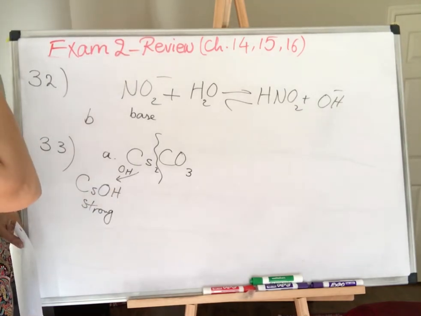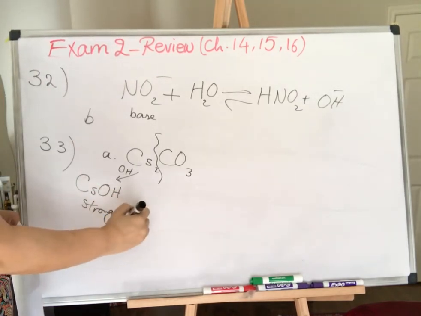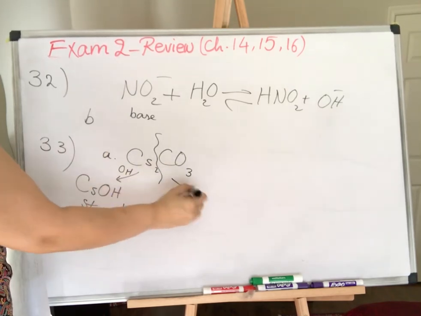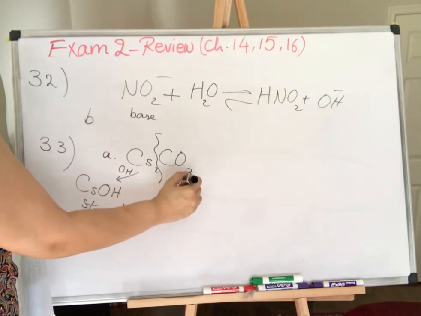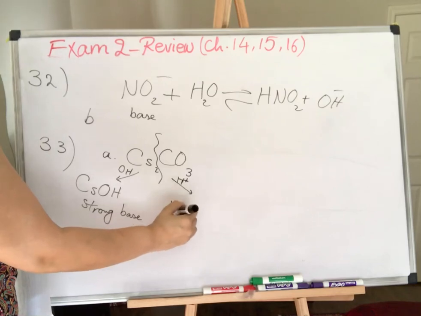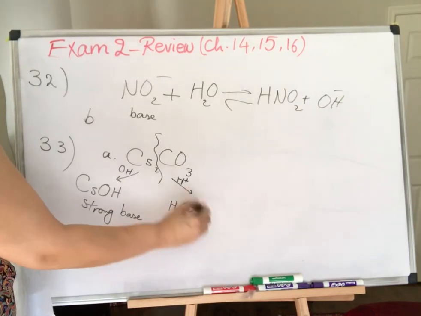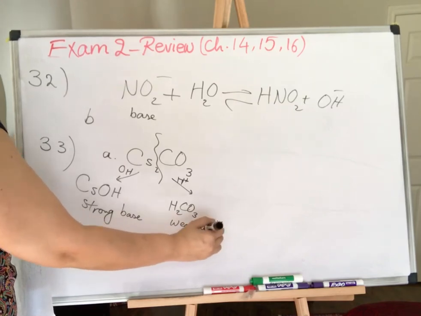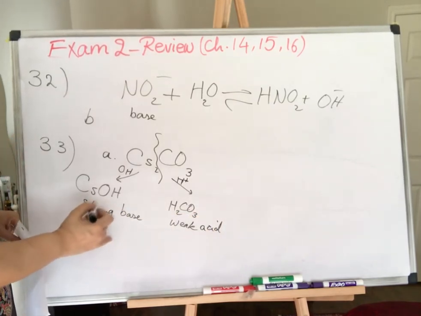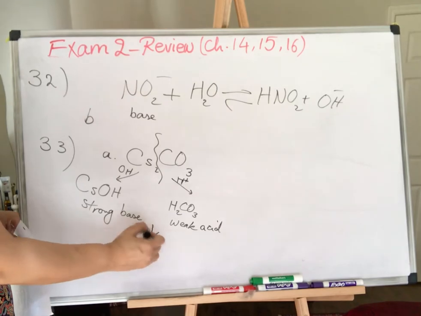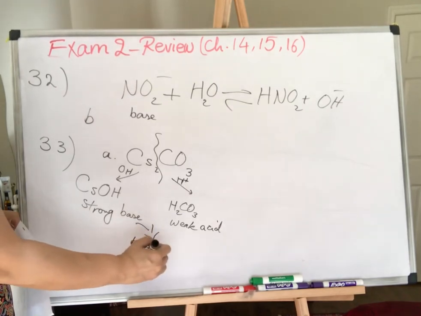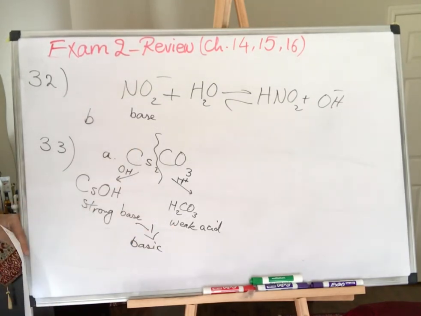The group 1 bases are strong. And with hydrogen, it's going to form the weak carbonic acid. So, the strong base is going to win, so the total solution is going to be basic. But we're looking for the acidic solution.